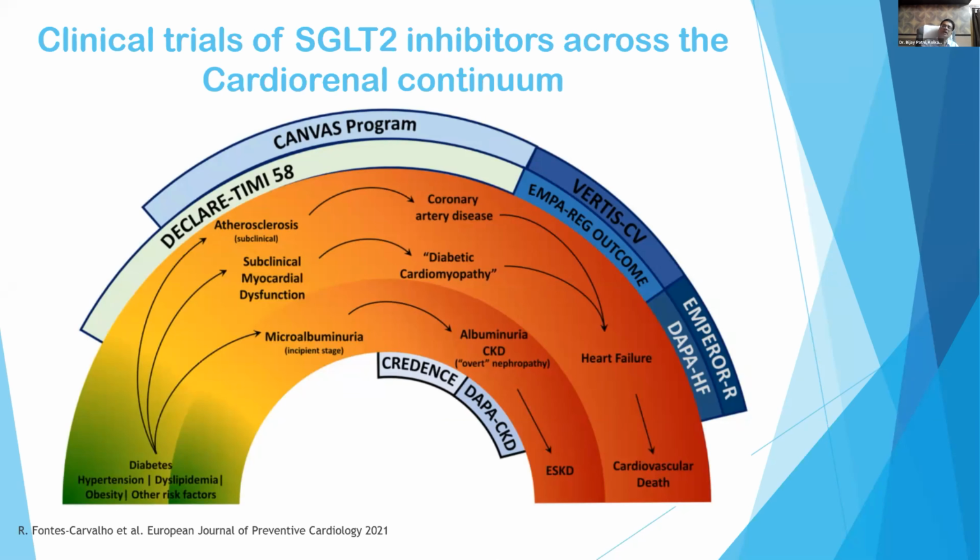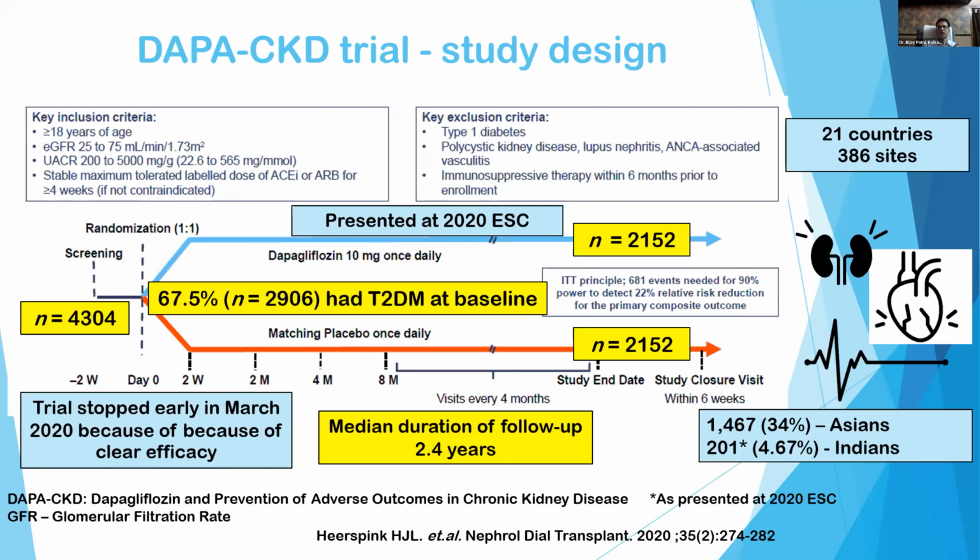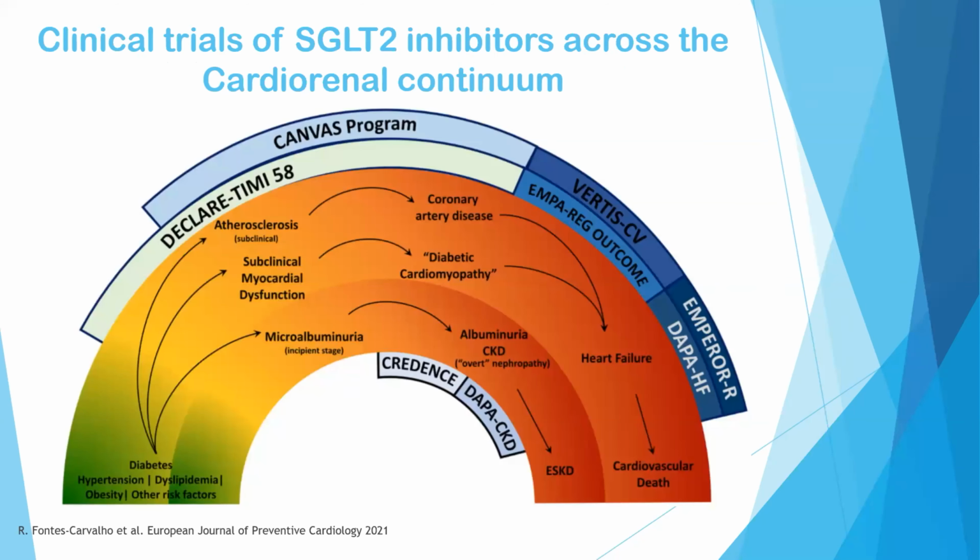And that gives us an extra benefit of understanding this particular molecule as far as the renal protective effect is concerned. So DAPA-CKD was stopped because of clear-cut efficacy, which was shown much before its date of stoppage.